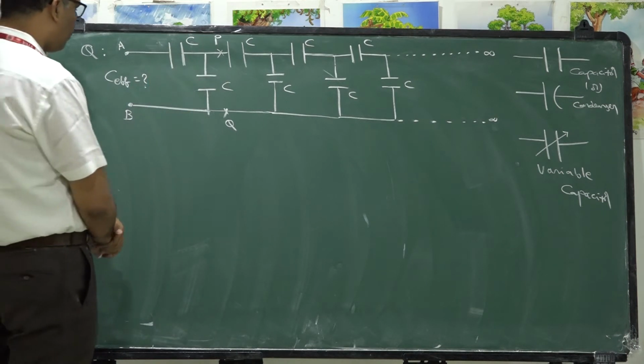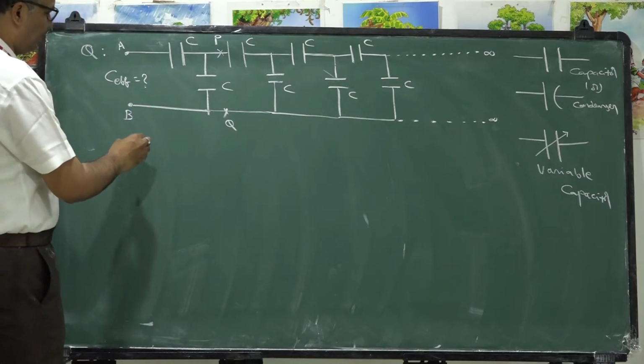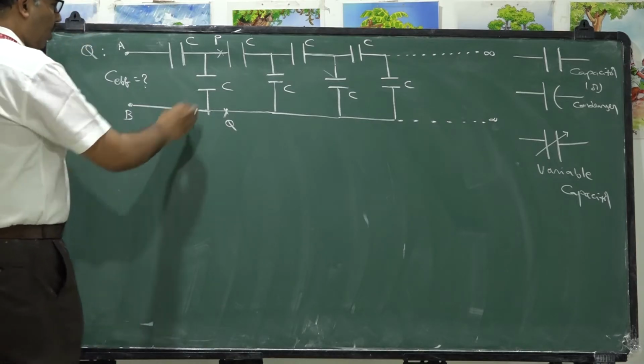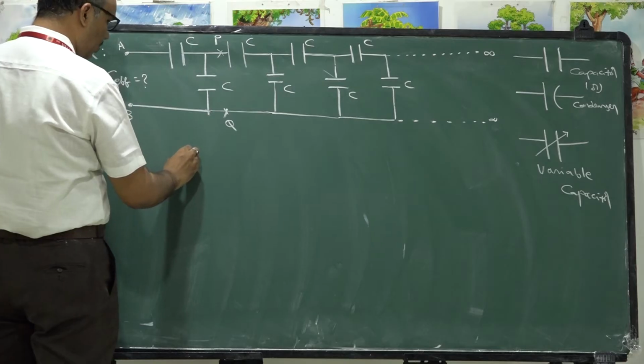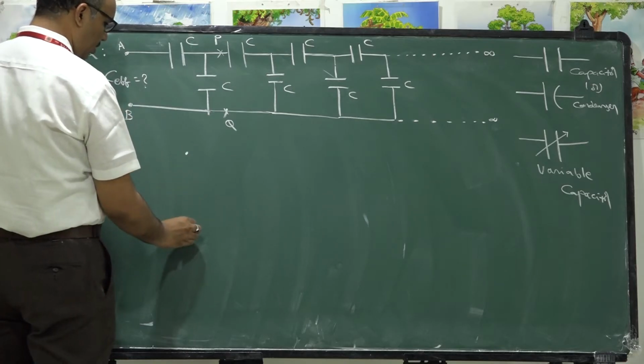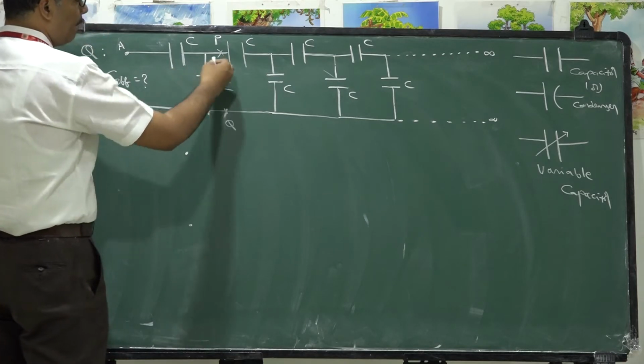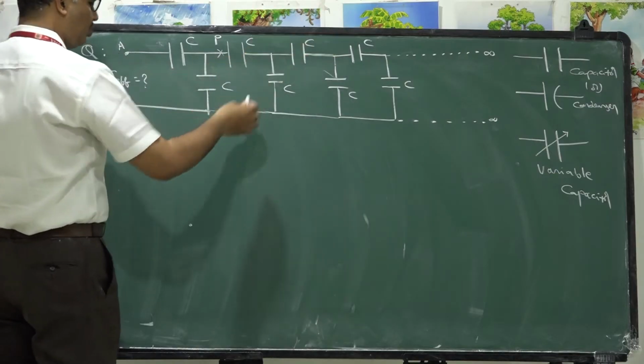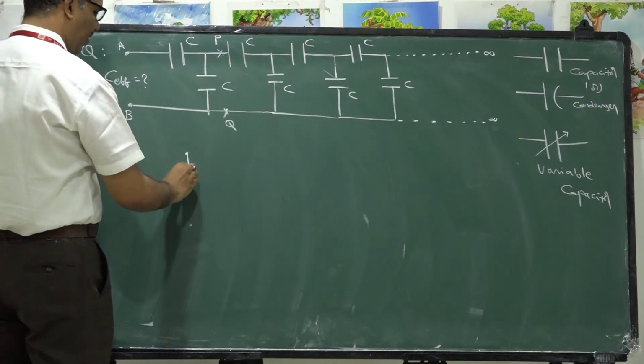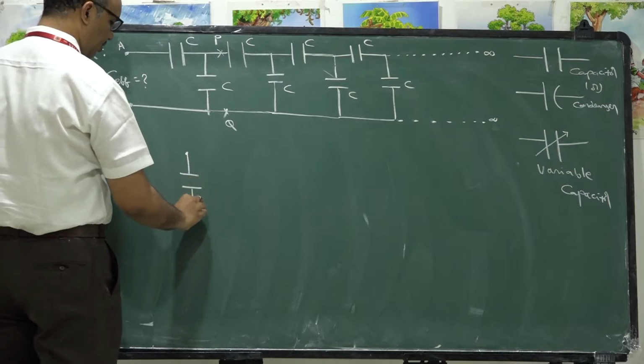Now, to understand this, by removing this, you will be left with the remaining entire branch having effective capacitance.